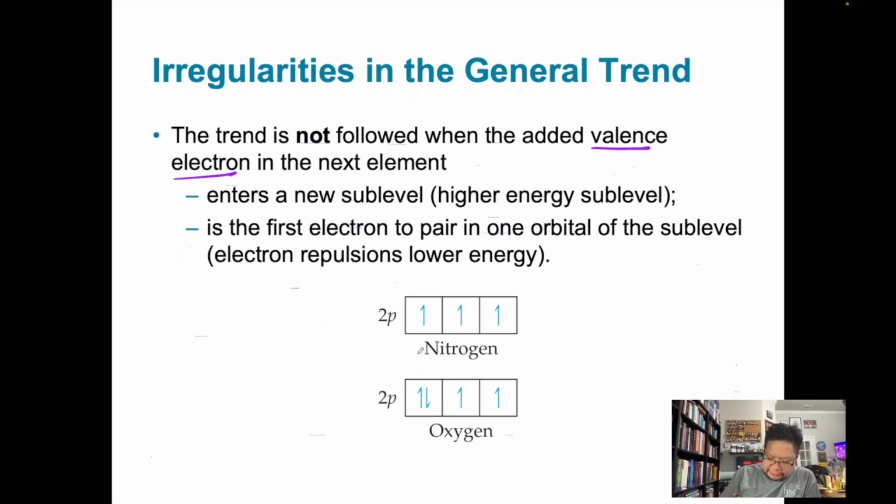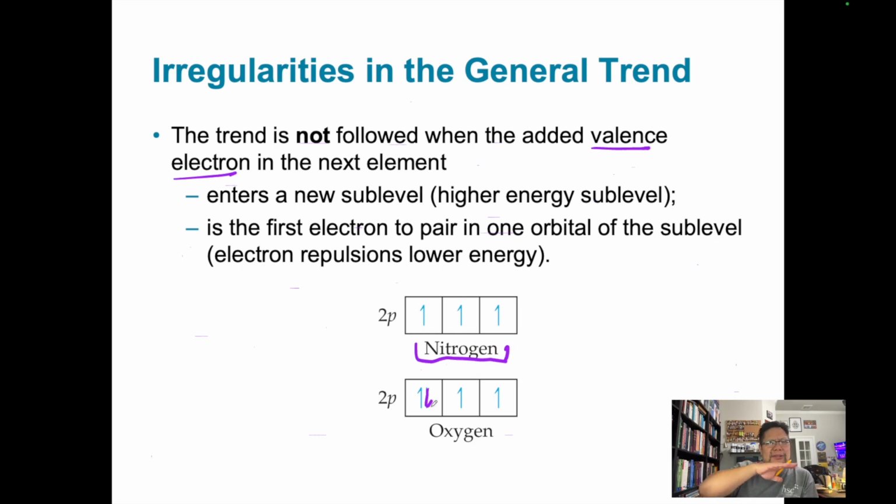The example here is that nitrogen has three electrons in its three p orbitals, and so it follows the trend: the further up and to the right you get, the higher the ionization energy. But oxygen, because it has one extra electron in the first p orbital, actually doesn't follow the trend. It has a slightly lower energy, even though it's to the right, right?